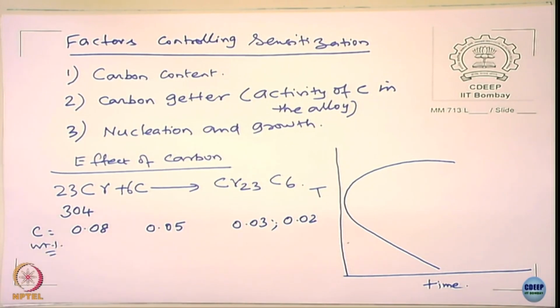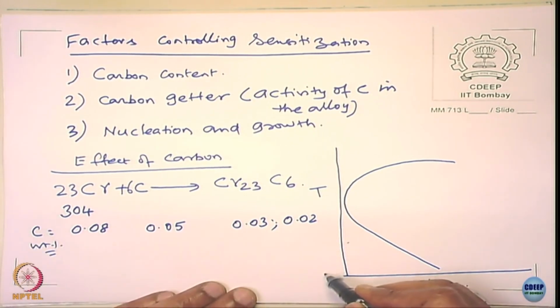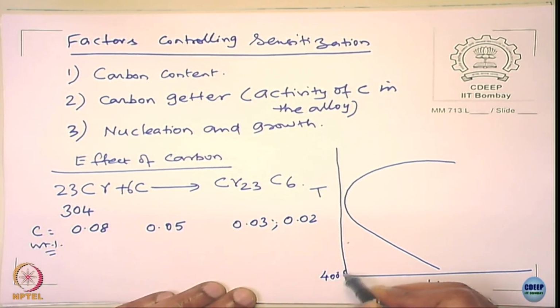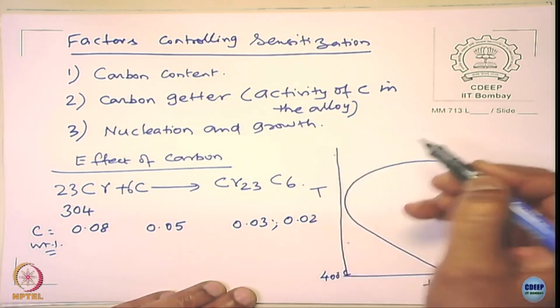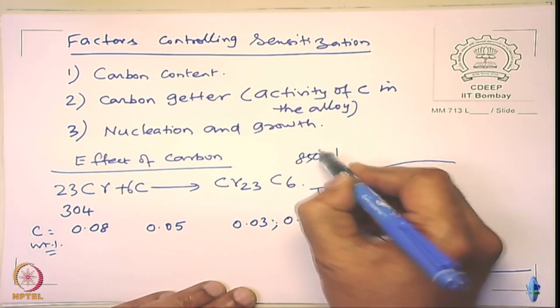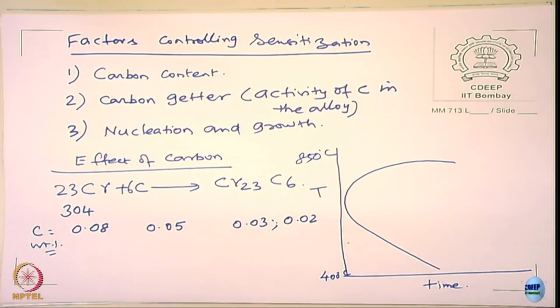I am keeping here about 400 degrees Celsius, maybe around 850. So, what will happen to 0.05, 0.03, 0.02, or you can even have 0.01 for example?